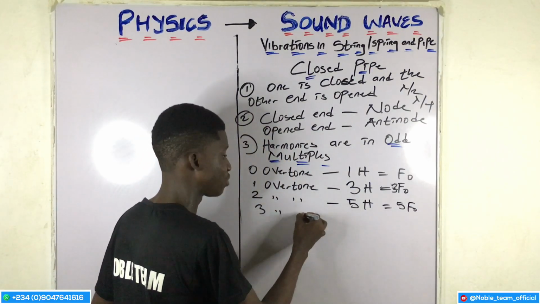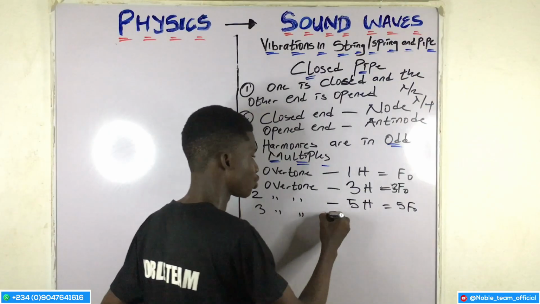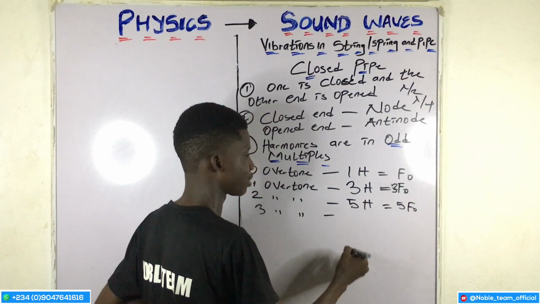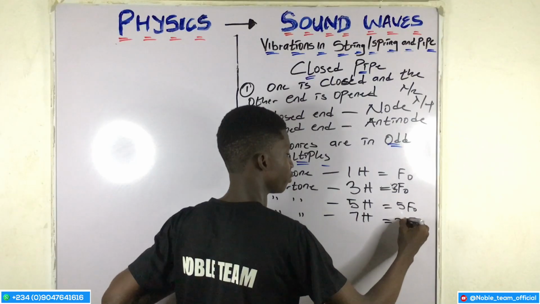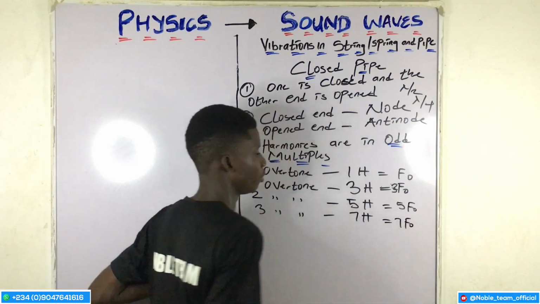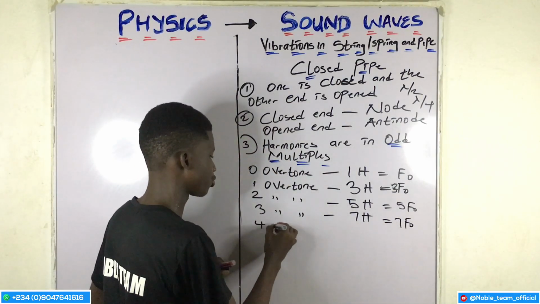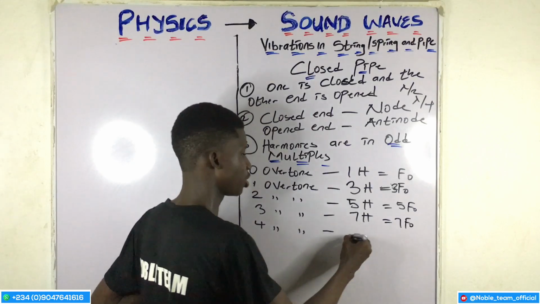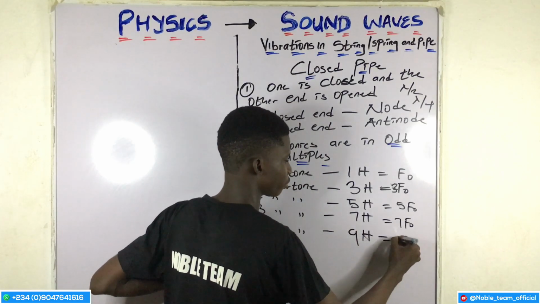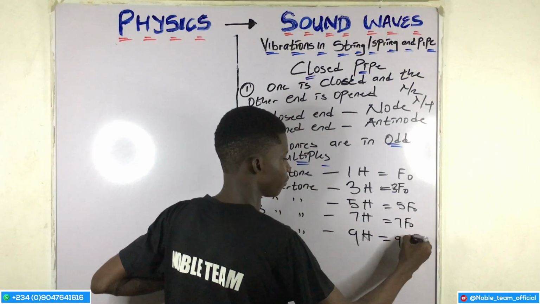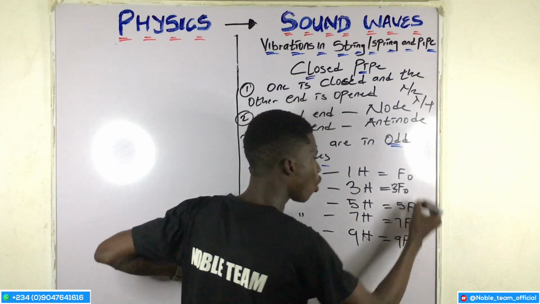This is very, very important. You take note of it, because when we start solving questions, you are going to see everything for yourself. The next one is going to be 7, which is the 7th fundamental frequency. The fourth is going to be the 9th harmonic, which is equivalent to the 9th fundamental frequency, and so on.